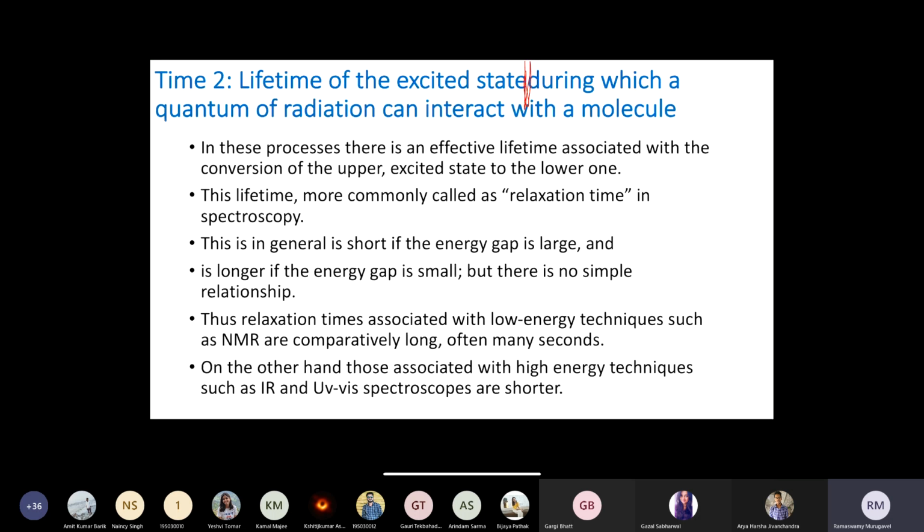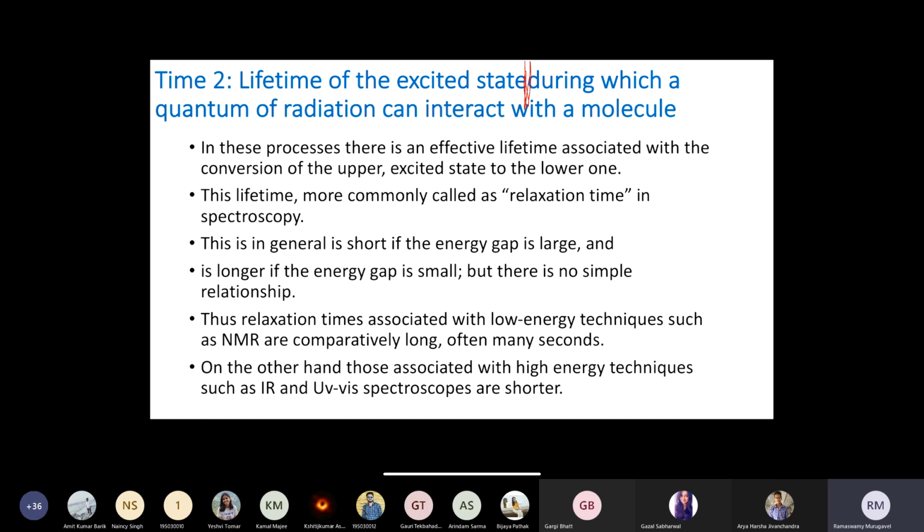So the moment I excite something from a lower state to a higher state, there's a lifetime associated with the excited state before they climb downhill and come back to the ground state or the lower state. This lifetime is commonly renamed by spectroscopists as a relaxation time. The NMR spectroscopists don't use the word lifetime; they use relaxation time.